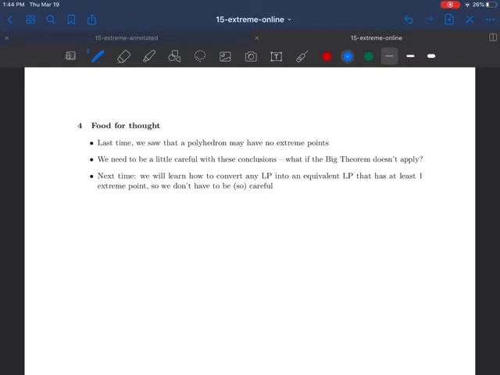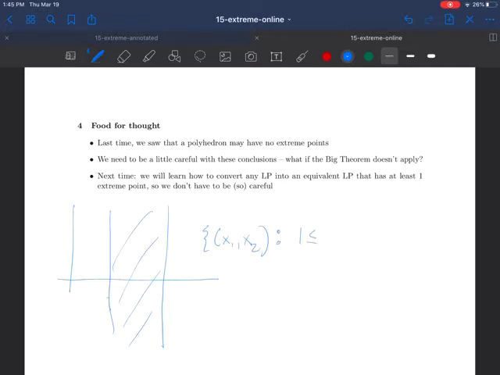For next time, what I want you all to consider is the fact that last time we saw this, the drawing of the polyhedron. In this case, the polyhedron is x1, x2, such that, say, 1 is less than or equal to x1 is less than or equal to 2. And that has no extreme points. So our theorem does not apply to this case.